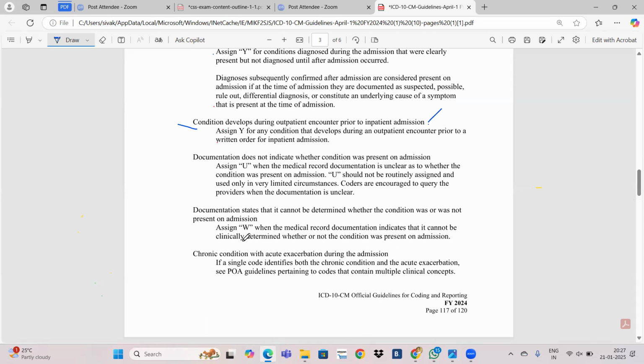So when will they give inpatient admission? When there is any serious, acute condition or emergency, they will decide. The physician will decide whether they want to admit or not. Correct?